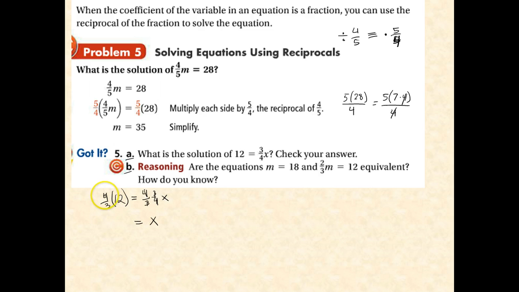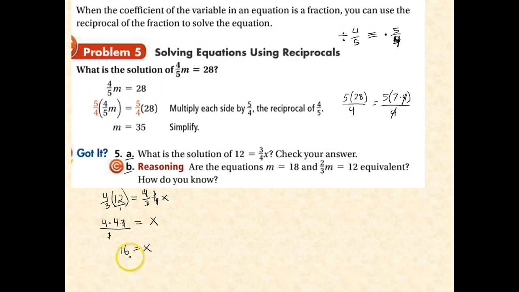And then 4 over 3 times 12 over 1. That's 4 times 12, but I know that 12 is 4 times 3, over 3. And 3 divided by 3 is 1, so those cancel out. And 4 times 4 is 16.